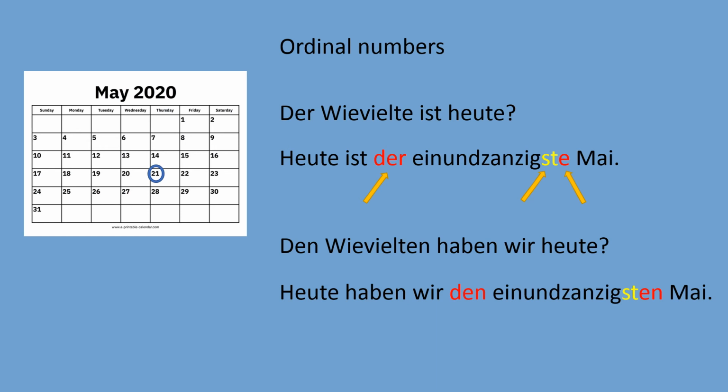So you remember, this is the definite article we use in the accusative case. Because of that, we still keep our suffix for ordinal numbers, but we change our ending. It happens only because we have another case. We have the accusative case, and preceding adjectives for masculine nouns in the accusative case will have the ending en.